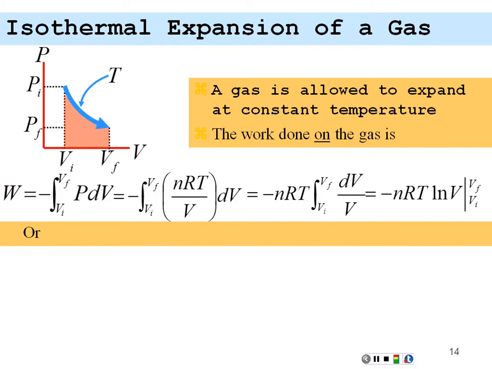So the work done on the isothermal expansion of a gas is equal to nRT, natural log of our initial volume over our final volume. Because the log would have been final volume over initial, but if you reverse those, you introduce a negative sign, and hence we've canceled out the negative sign here. So the work is equal to nRT, natural log, initial volume divided by final volume.